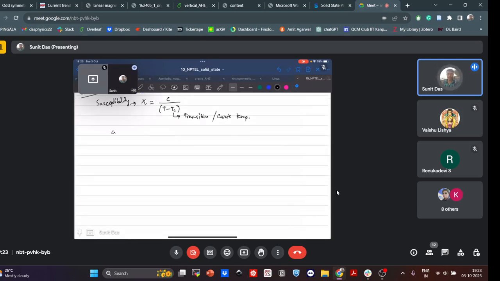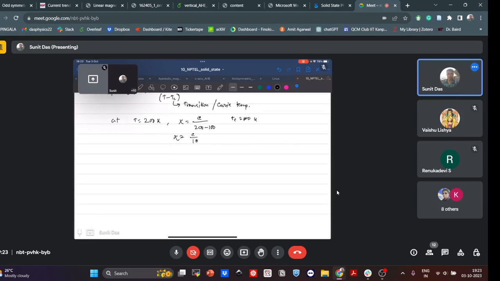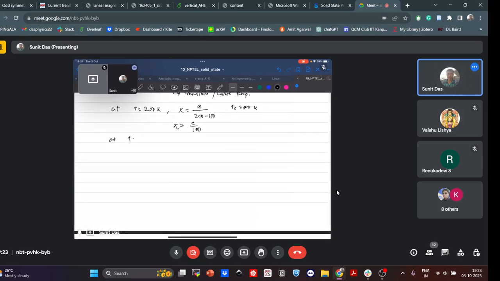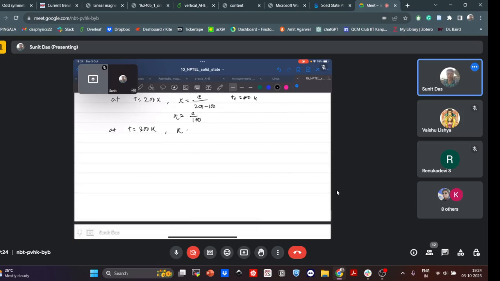So if we see the first option, let's find the susceptibility at T equal to 200 Kelvin. Susceptibility becomes C by 200 minus 100, because Tc is given as 100 Kelvin. At T equal to 300 Kelvin, it is C by 300 minus 100, equal to C by 200.